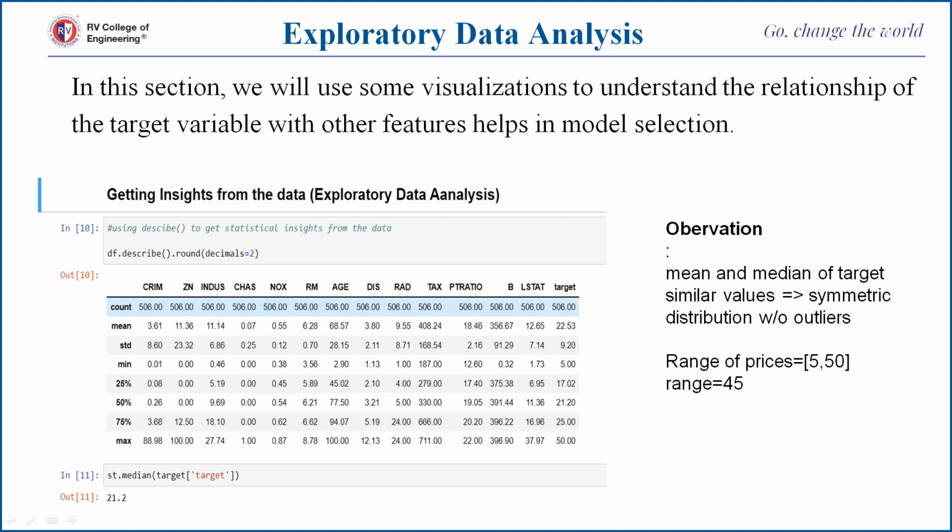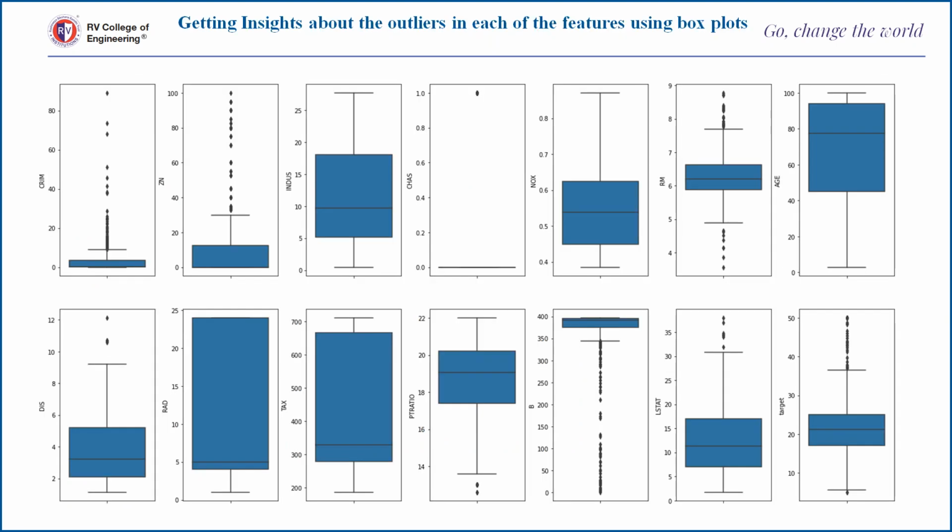The mean is 22.53, the unit is in thousands of dollars, and the median is 21.2. From here we can conclude the data set has a symmetric distribution without outliers. The minimum price is 5 and the maximum is 50 thousand dollars, and the range of prices is 45 thousand dollars.